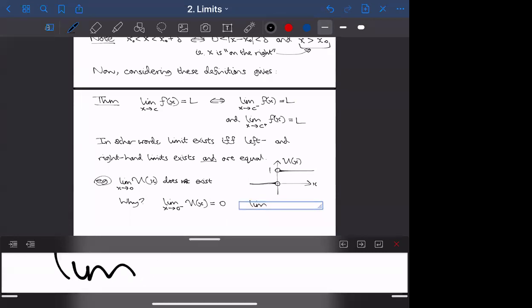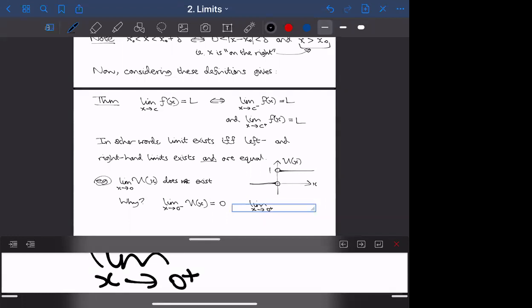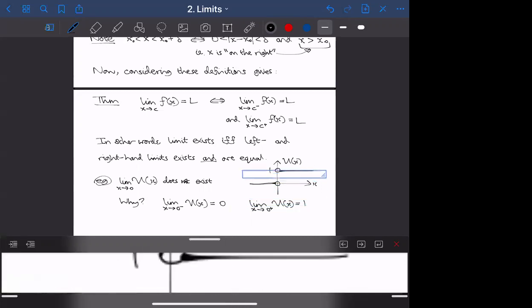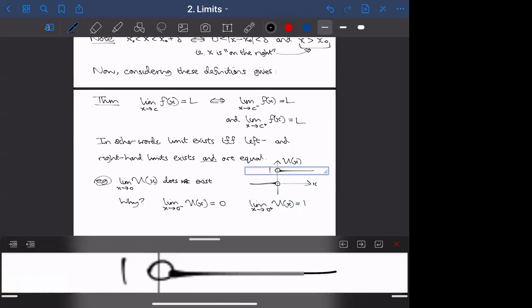And the same applies to the right-hand limit. So that must be 1. Although what I'm saying is still correct, I meant to let this function be defined at 0 and have value 1.